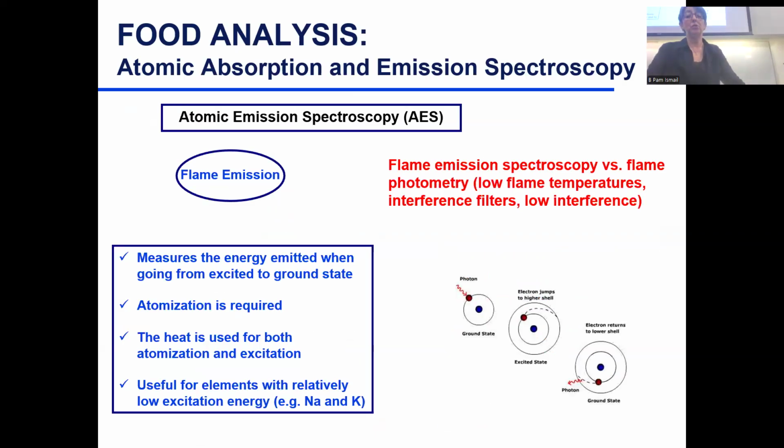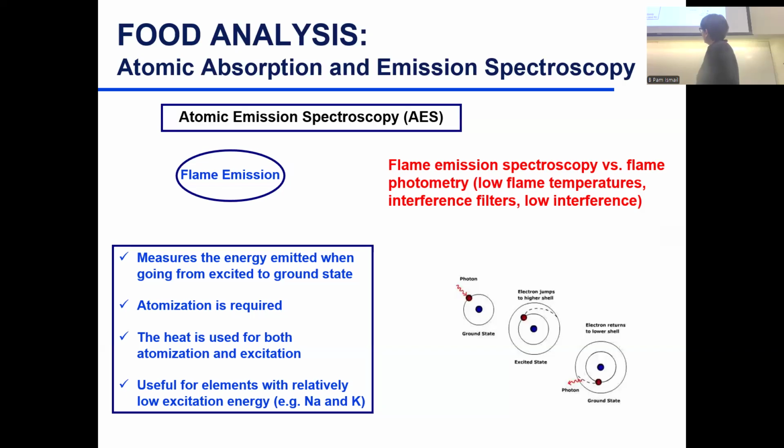Okay, I'm going to start flame emission. Flame emission is, instead of measuring absorption, you're measuring emission. So the flame emission spectroscopy, known as flame photometry, like I said, old units, they still exist, but they are not very much used. They basically have all the same compartments, except no lamp is needed.